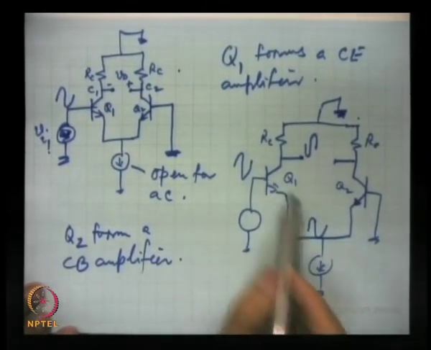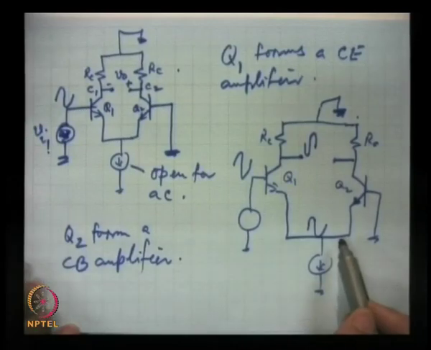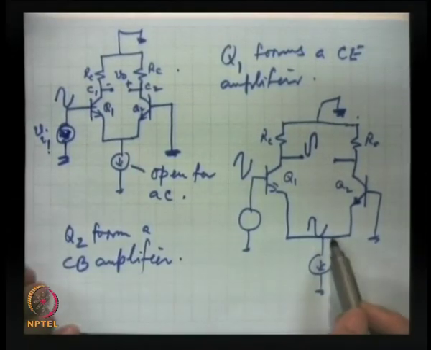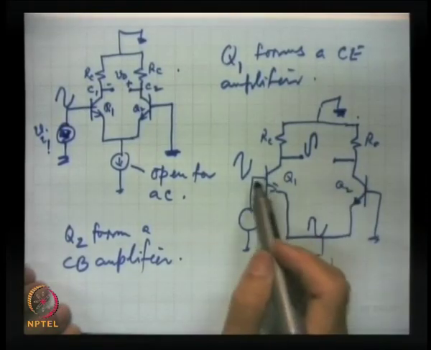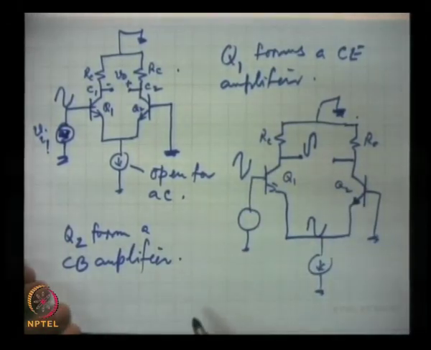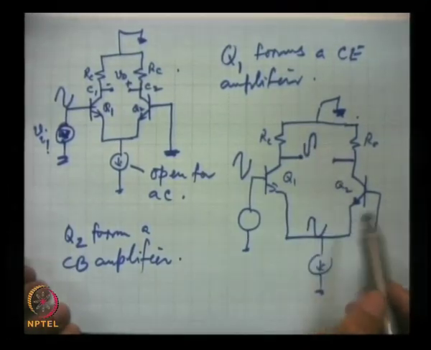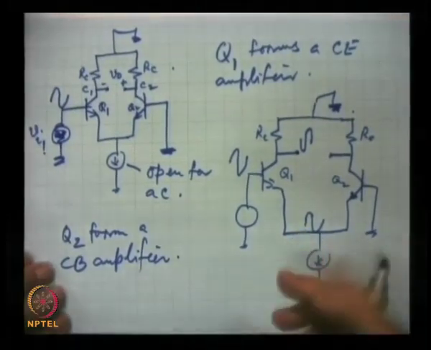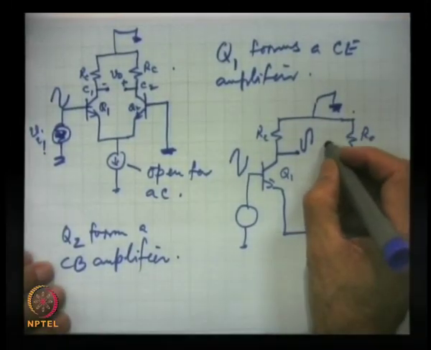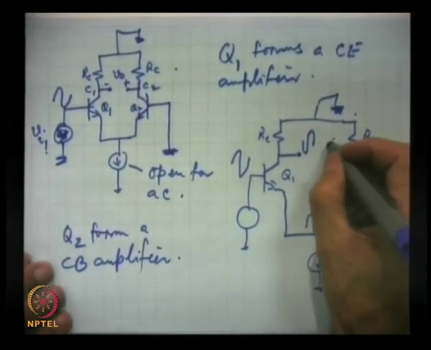Q2 is acting as a common base amplifier, and in a common base amplifier there is no inversion, but there is amplification; we will just write the expression. Hence, this signal will be amplified and will appear with this polarity, and hence this will be here.